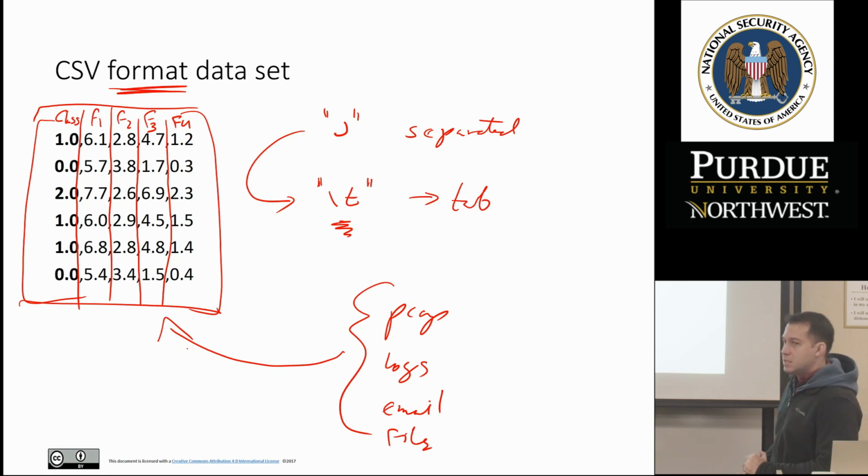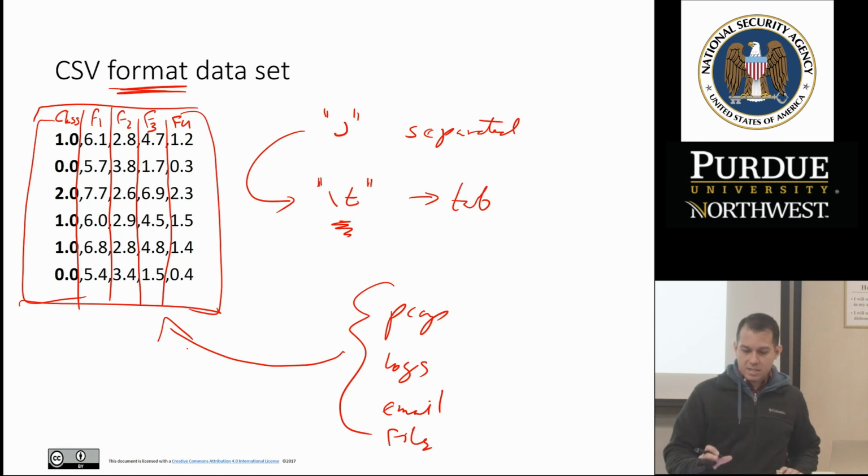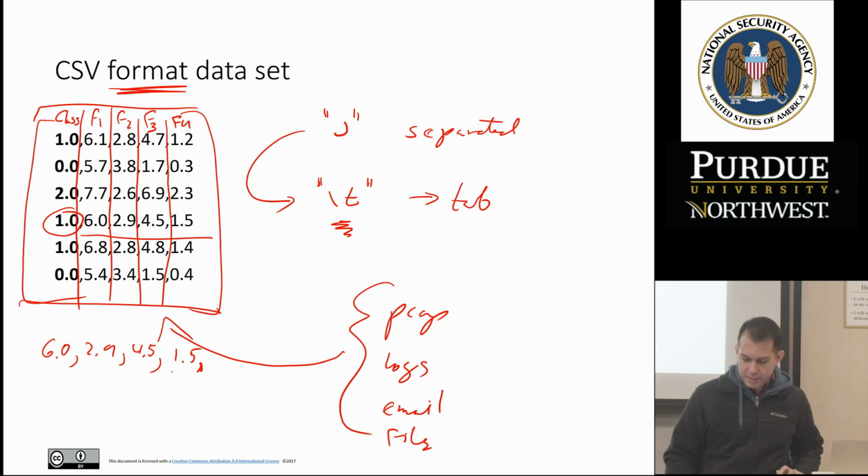Now, an important thing to consider here is that you need to make sure that things are aligned. So let's say that you made a mistake, and now this row is 6.0, 2.9, 4.5, 1.5, and then let's say that there's a comma there and there's a null value here.